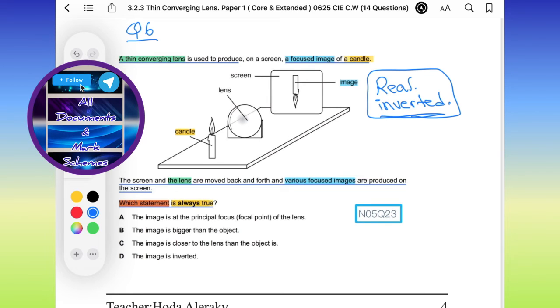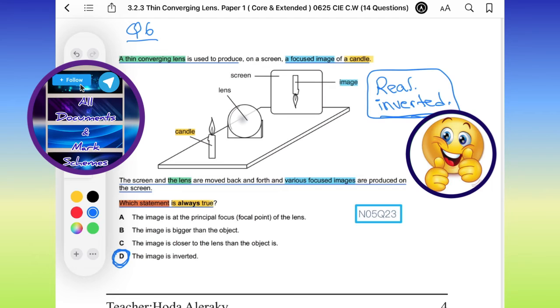What happens is the image could be smaller or enlarged, according to the location of the lens and the object. But in all cases, they are real and inverted. So the only characteristic which changes, if you move the lens or the object, is the size of the formed image on the screen.